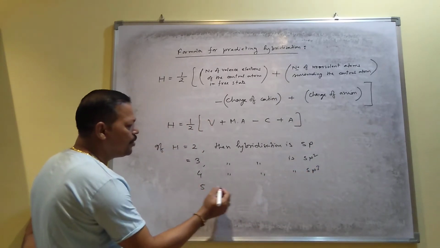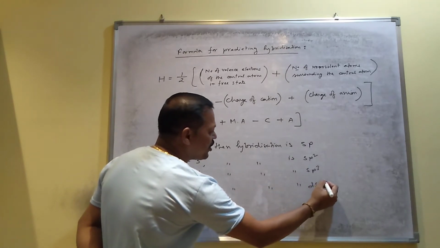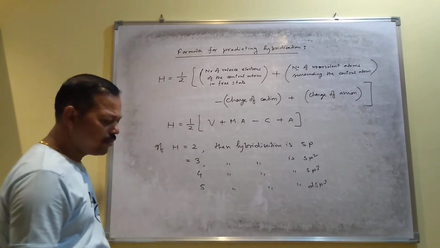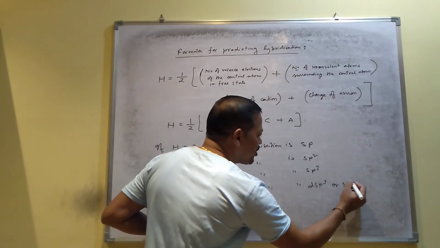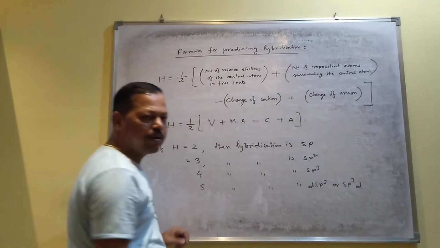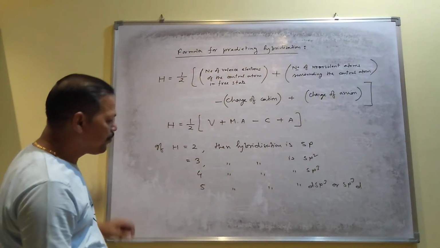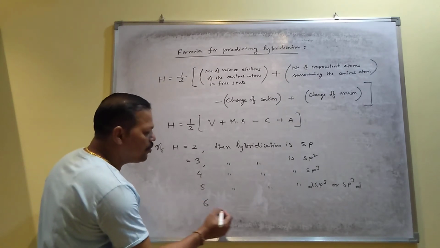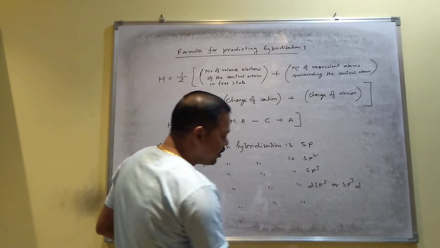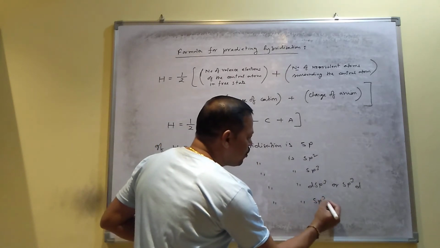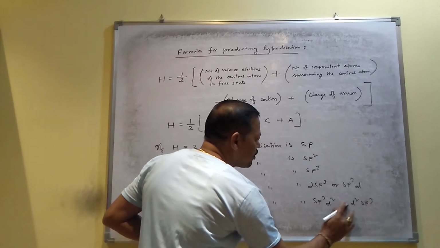If you get 5, hybridization will be dsp3 or sp3d. You will learn later what is the difference between dsp3 and sp3d. If you get 6, then the hybridization may be sp3d2 or d2sp3.